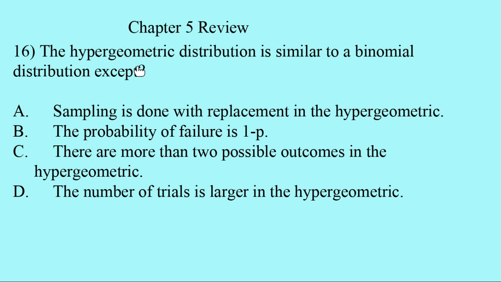All right. Number 16, the hypergeometric distribution is similar to a binomial distribution, except A, sampling is done with replacement in the hypergeometric. B, the probability of failure is 1 minus p. C, there are more than 2 possible outcomes in the hypergeometric. And D, the number of trials is larger in the hypergeometric.